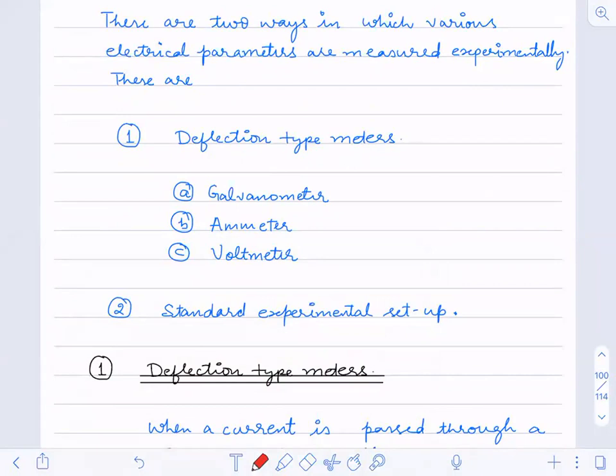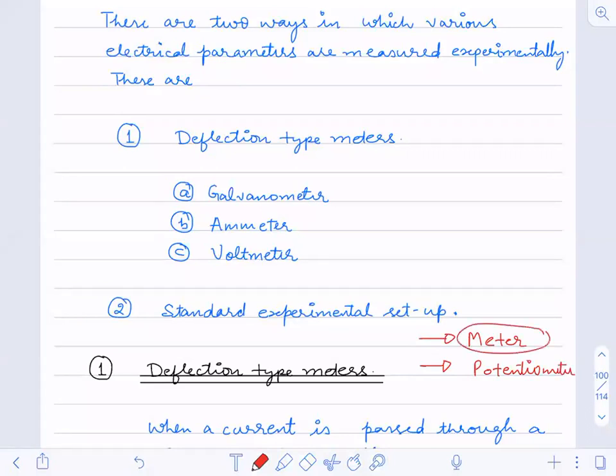Then we have the standard experimental setup, which you will do as experiments in class 12. This includes the meter bridge, potentiometer, all these things.